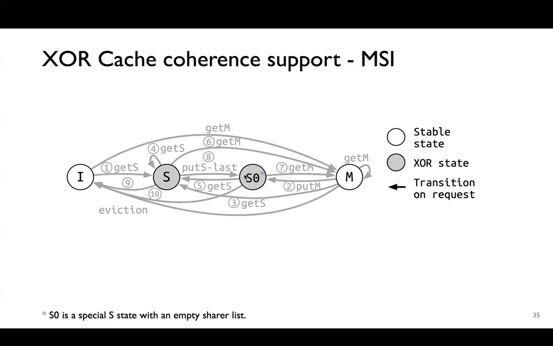If we draw out all the transitions, or the edges, this is for baseline MSI. We have all these edges in there. For compression, it will happen on those insertion edges, basically transitions within and into the XOR states. For example, on edge number one, when servicing an LLC miss, the line transitions from I to S, and this line can find another line to collocate.